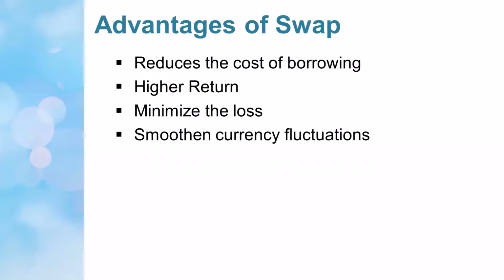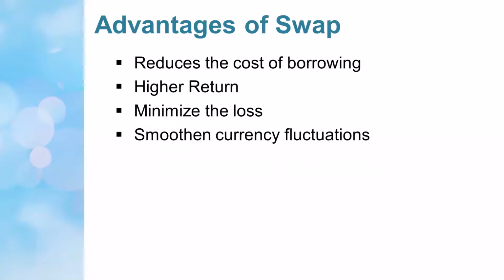How does it reduce the cost of borrowing? Because the investor is given a wider choice. He can look within the country as well as outside the country to find the cheapest source of funds. Suppose the domestic interest rate is very high, the investor can think of borrowing from a foreign country where the interest rate is low.